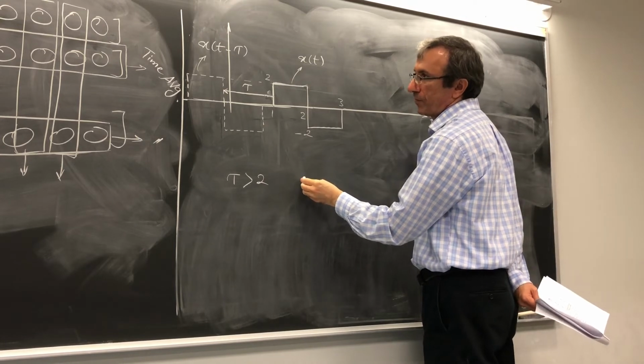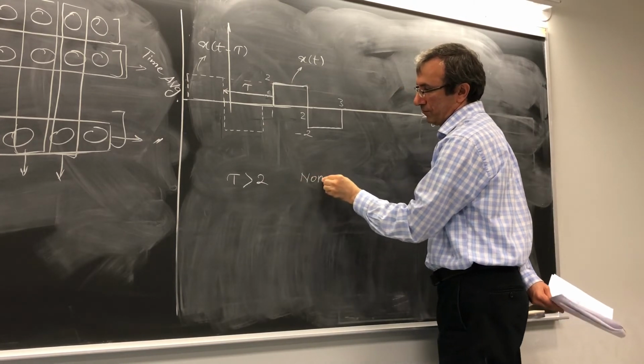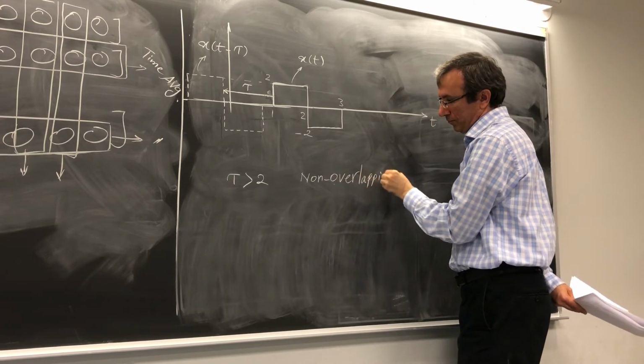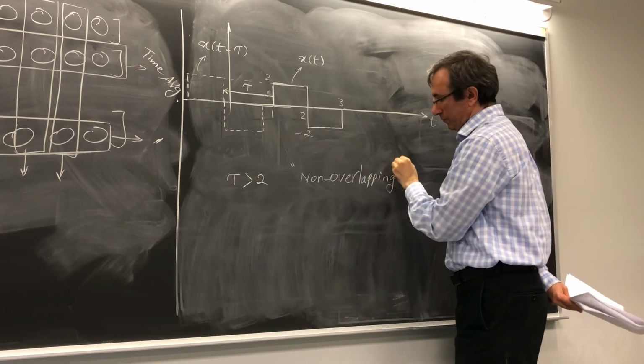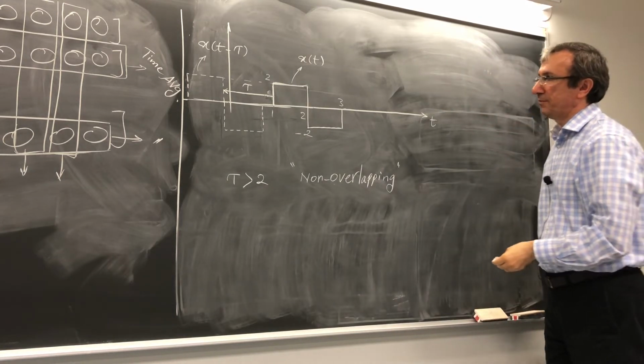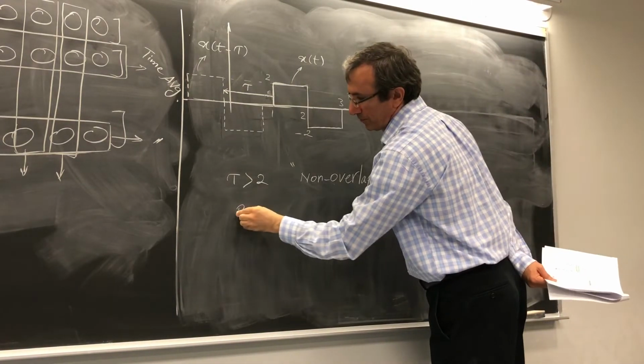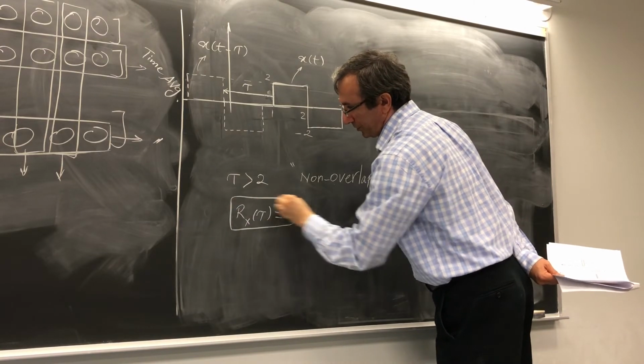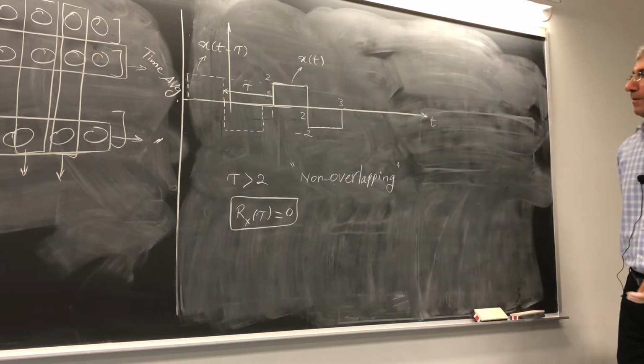That way, the two signals would be non-overlapping, and the autocorrelation would be 0.